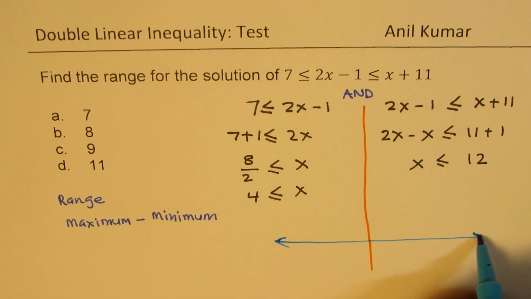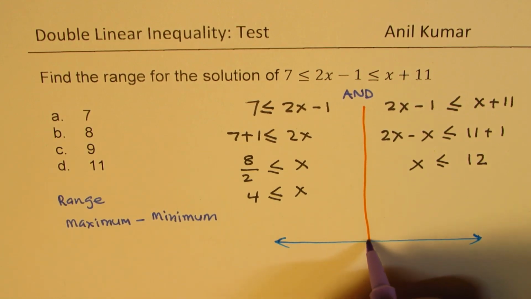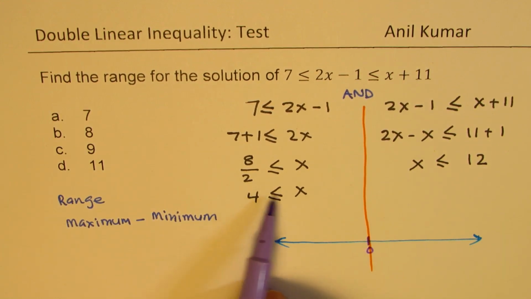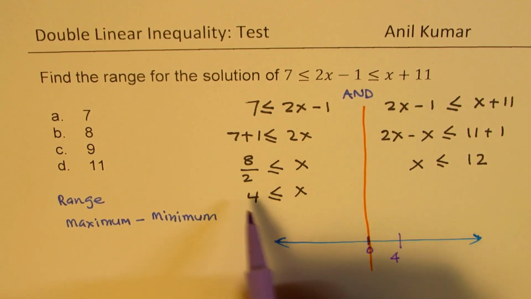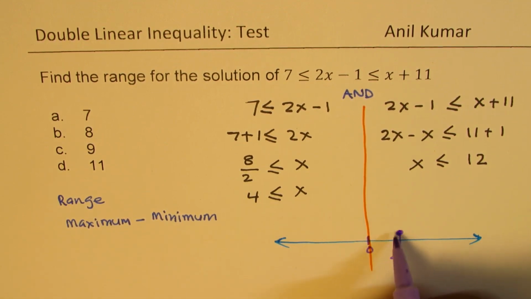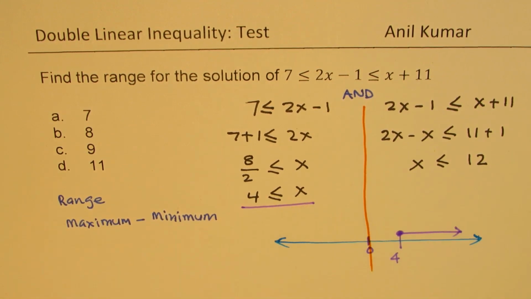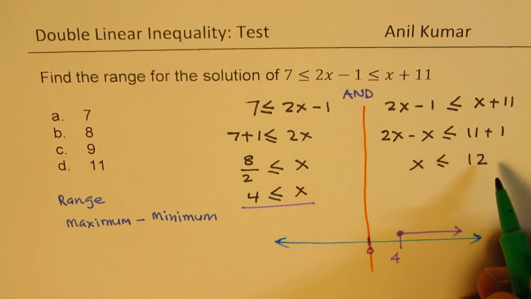Okay, let me just make a number line and show it here. Assuming that 0 is somewhere here, okay, let's say this is our 0. We are saying x is greater than or equal to 4. So let's say this is 4 for us, right? So we are saying greater than or equal to means we include this value, and that is our solution from one side. The other side, we are saying that x is less than or equal to 12.